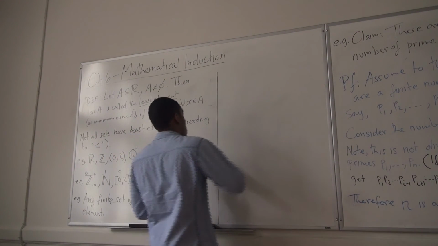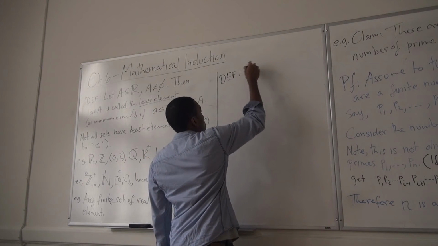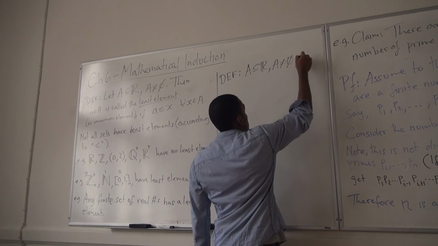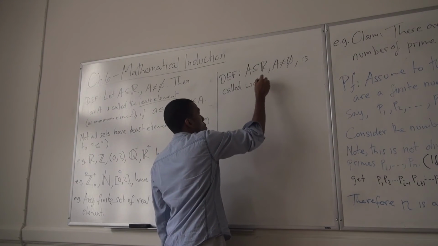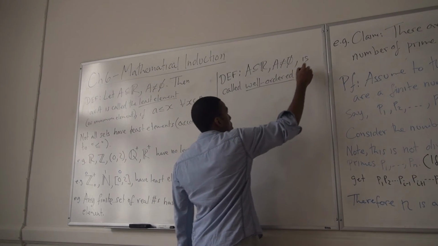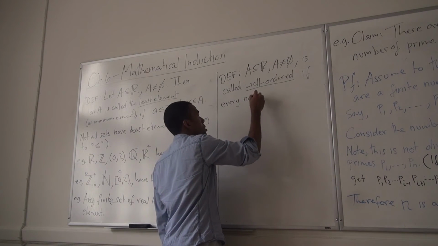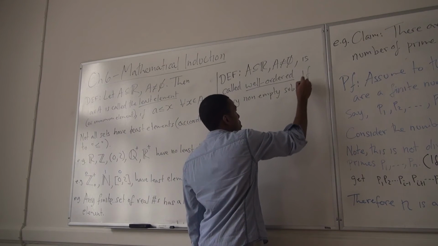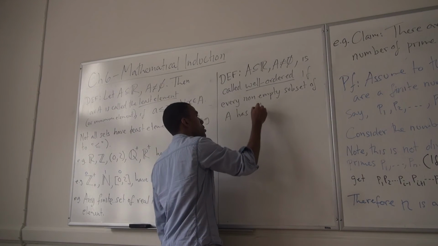So another definition. A subset of R, A non-empty, is called well ordered if every non-empty subset of A has a least element.